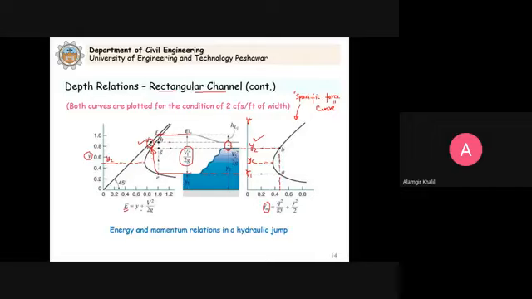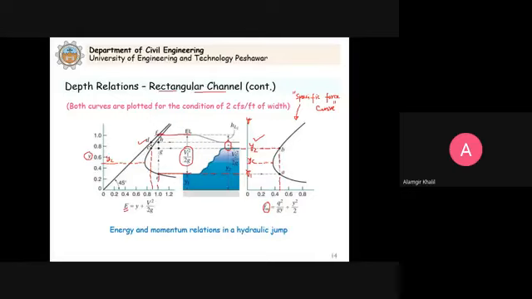This CG is your head loss, because this is the energy at the second section and this is the energy at the first section.